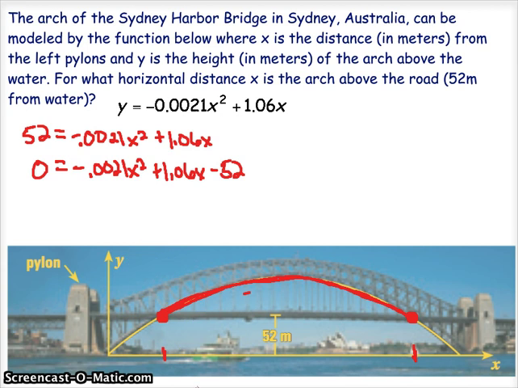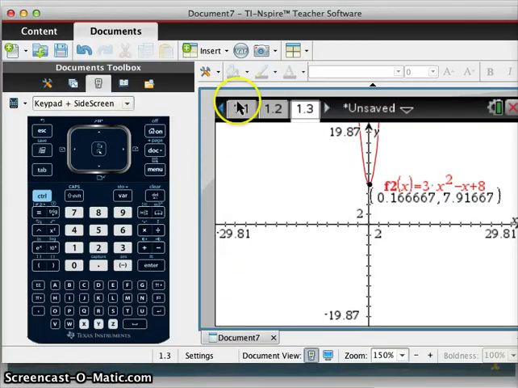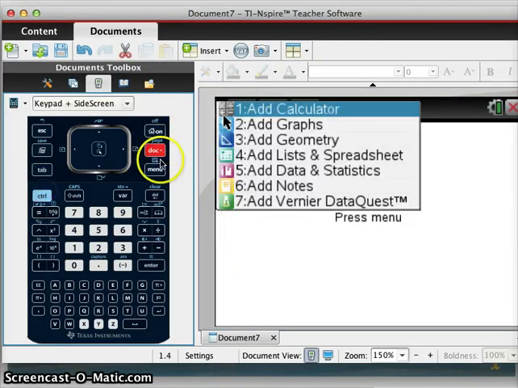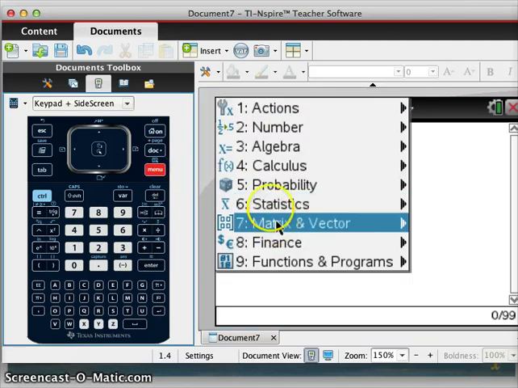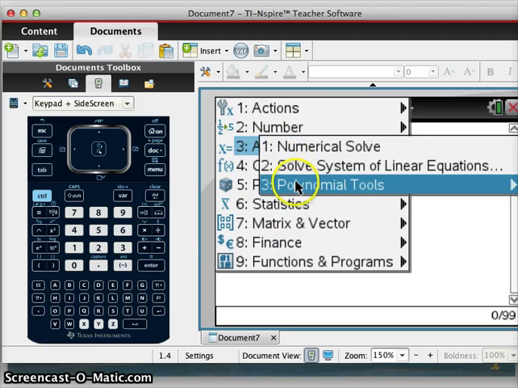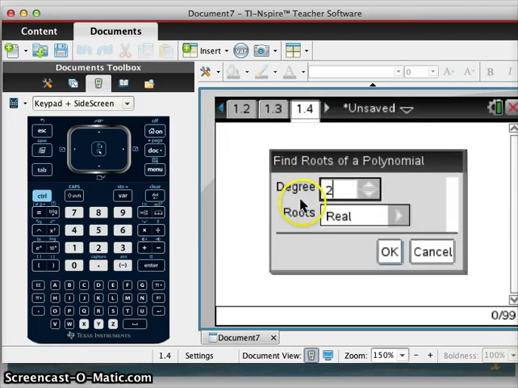Then we can take advantage of our calculator if we like. Let's go ahead and open up a new page here. And why don't we go ahead and just use our polynomial root finder. So menu, 3, poly tools, 1, and I'm solving a quadratic. So we're going to go ahead and press enter because we know it should be a real number, hopefully.